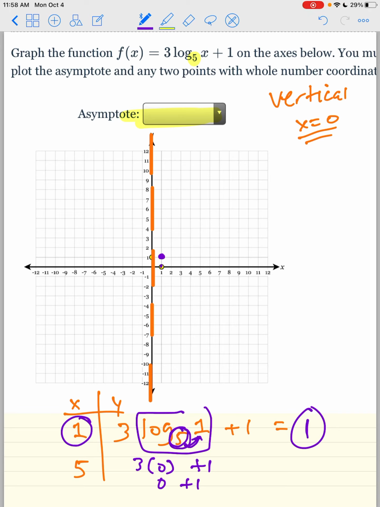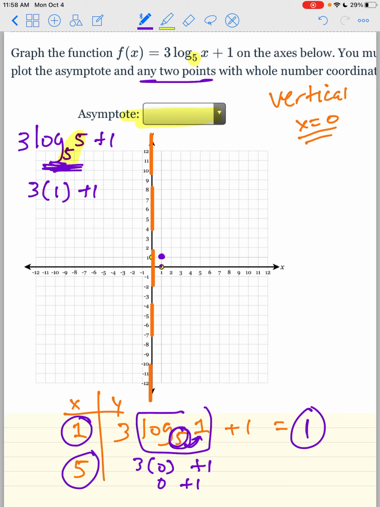Okay? Then we need another point because we need to have at least 2 points. So let's put a 5 in there. I'm going to go right here. 3 log base 5 of 5, plus 1. 5 to what power makes 5? 1.